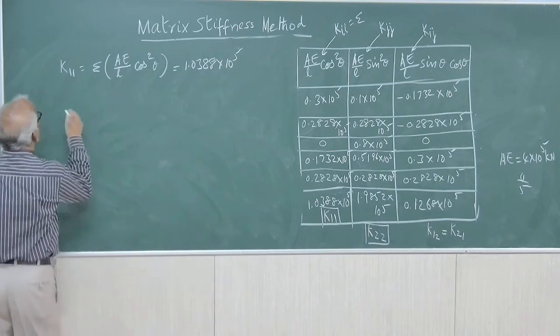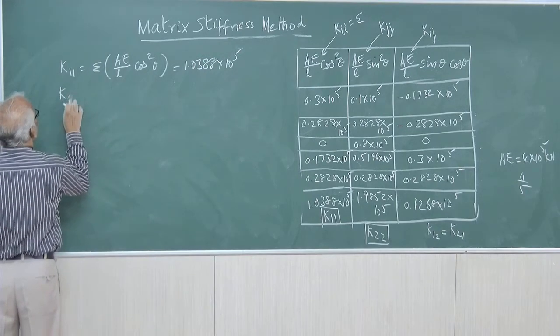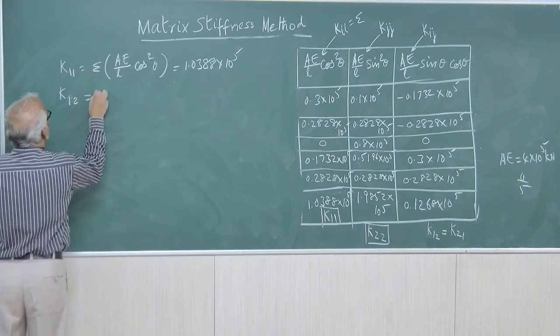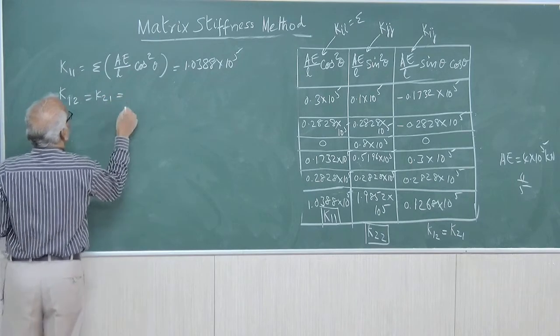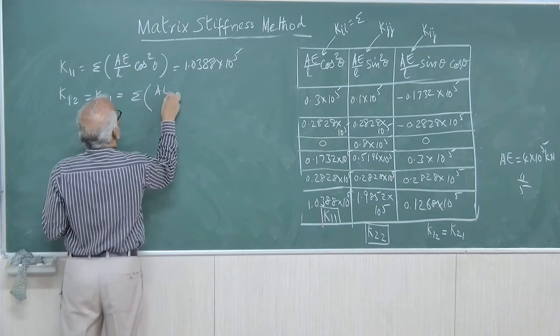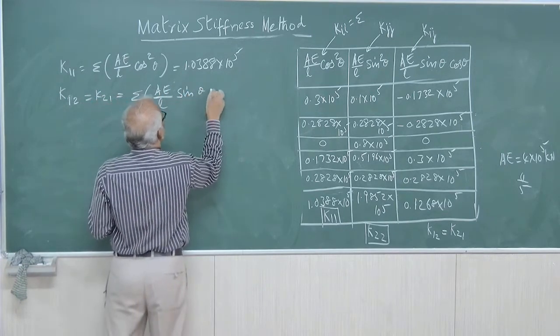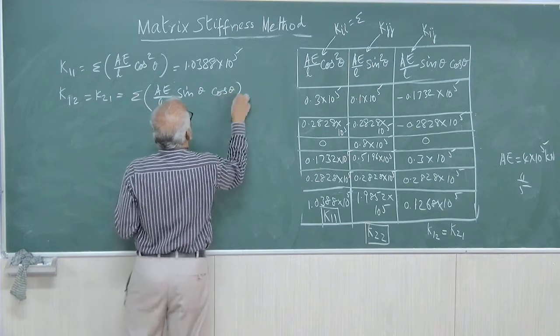Similarly, K12, because our matrix is of 2 by 2, so K12 equal to K21 equal to sigma AE by L sin theta cos theta.